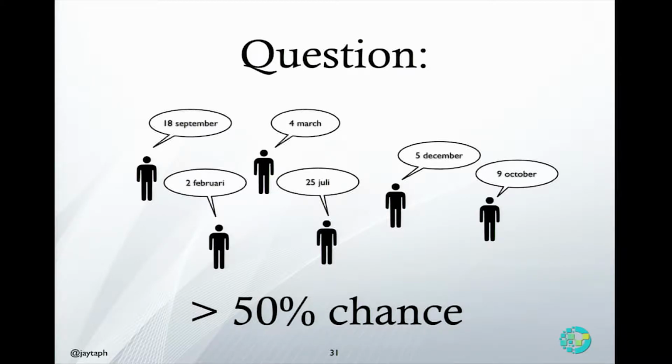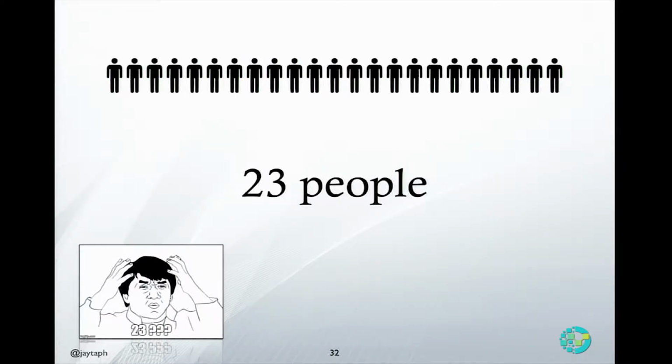And a lot of people will think, okay, so let's assume there's 366 days in a year. So divided by 2 is 183, 50% chance, so 183, 184-ish, right? That sounds about right. But actually it isn't. It's only 23 people. So we have more than 23 people in this room.